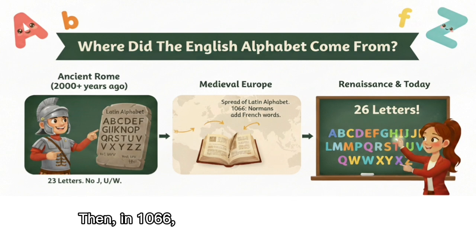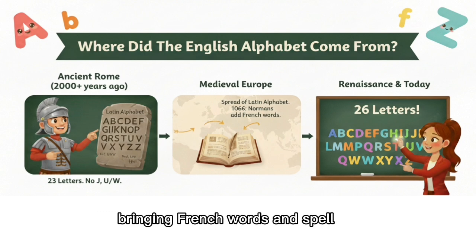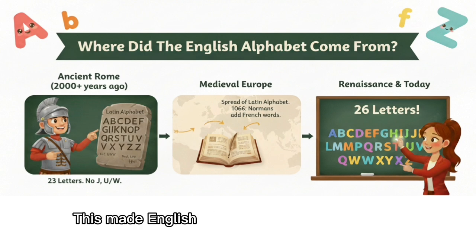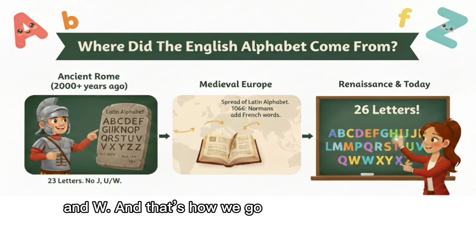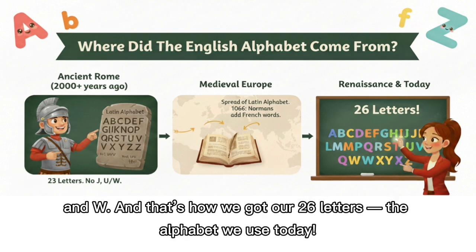Then, in 1066, the Normans came from France, bringing French words and spelling. This made English look and sound more modern. Many years later, during the Renaissance, printers made 3 new letters, J, U, and W, and that's how we got our 26 letters, the alphabet we use today.